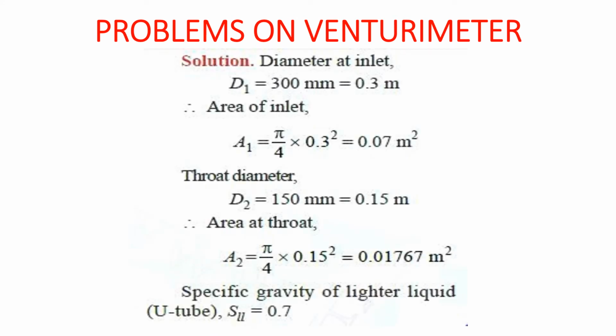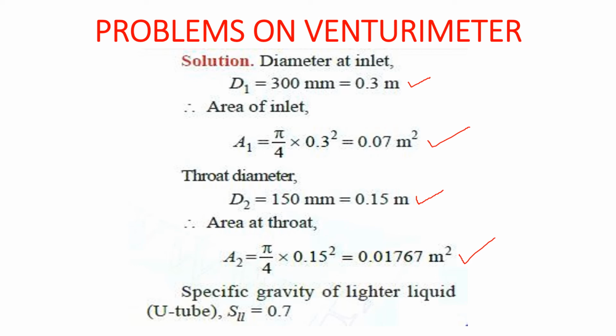So diameter D1 is 300 mm given to us, again 0.3 meters. So area at inlet A1 will be equal to pi by 4 into 0.3 square, so it will be 0.07 meter square. Then throat diameter D2 is 150 mm, so it is equal to 0.15 meters. So area at throat A2 is equal to pi by 4 into 0.15 square, equal to 0.01767 meter square, right?